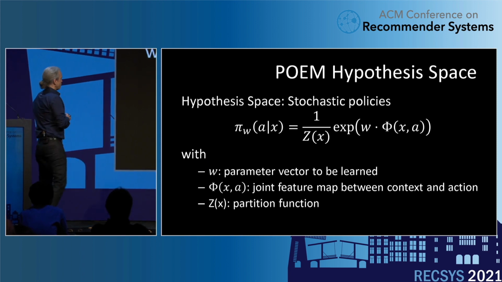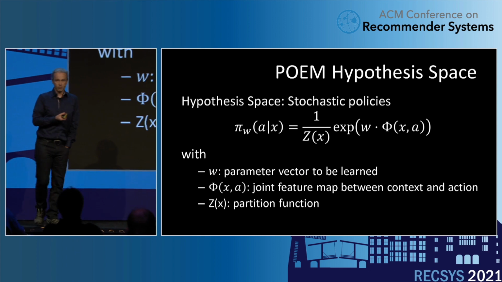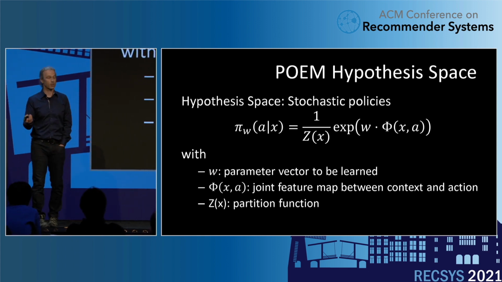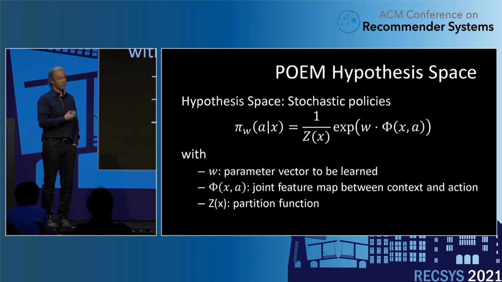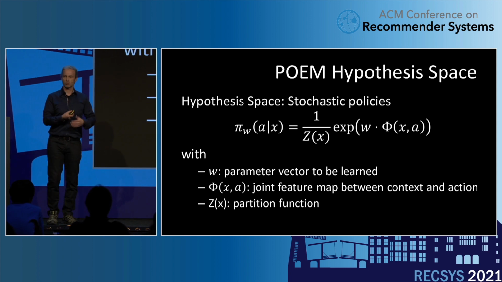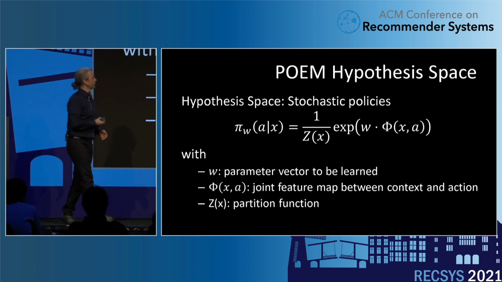So how do you turn this now into a learning algorithm? Well, you have to pick a class of policies that you want to optimize over. And by far the simplest and also the most popular way is to just use stochastic softmax policies. Like softmax, you know, from the output layer of a deep network, right?